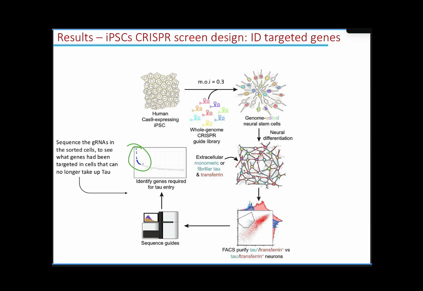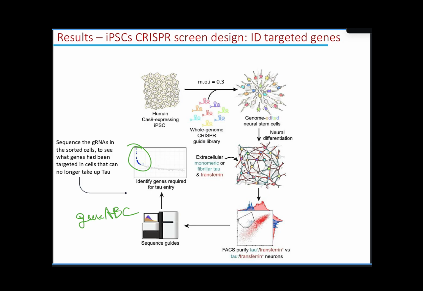So if in these cells that are not taking up tau well, over and over and over, you see a guide RNA for gene ABC, then you know that ABC was most likely being inhibited in those cells, and ABC now becomes a candidate for being important for tau uptake. Right?